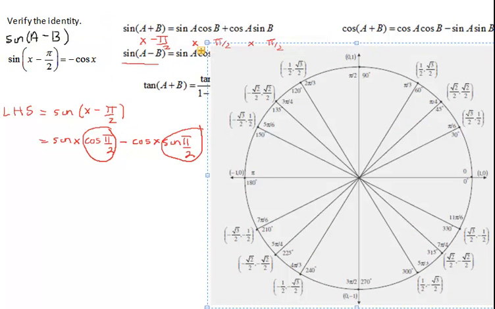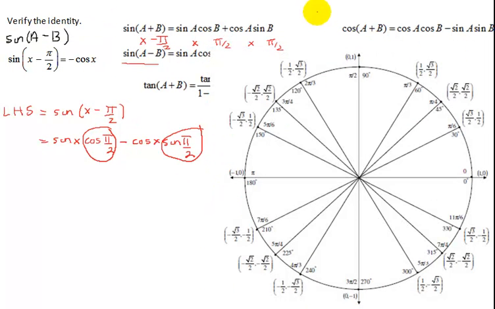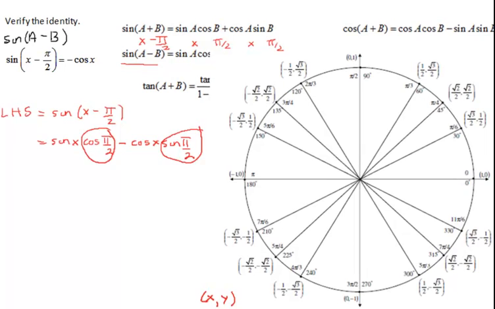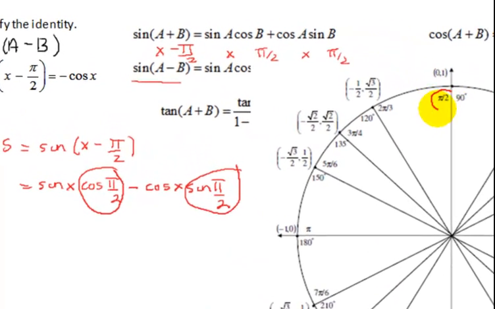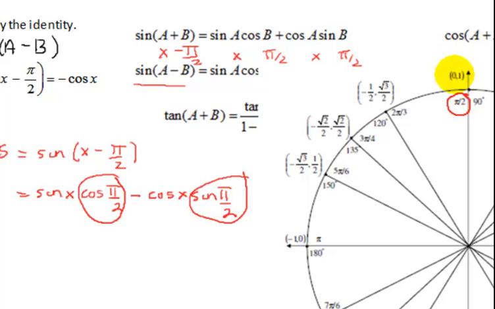And remember, on the unit circle, each coordinate, the xy coordinates, instead of being x and y, the x coordinate is the cosine of theta and the y coordinate is the sine of theta. So I need to go up here to pi over 2, 90 degrees, and the cosine of pi over 2 is going to be the x coordinate of 0.